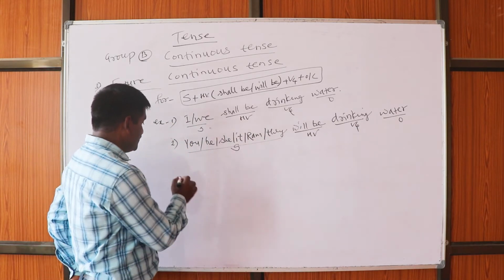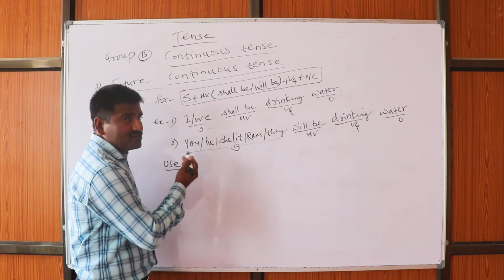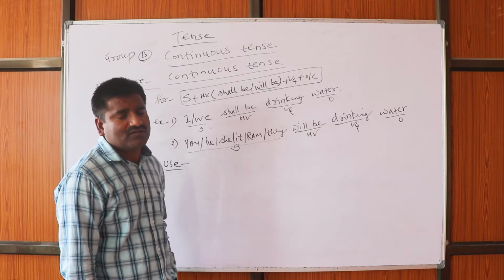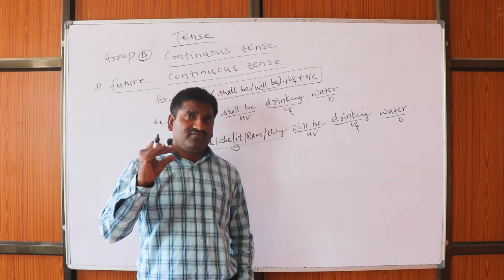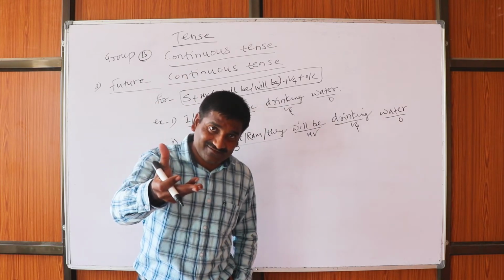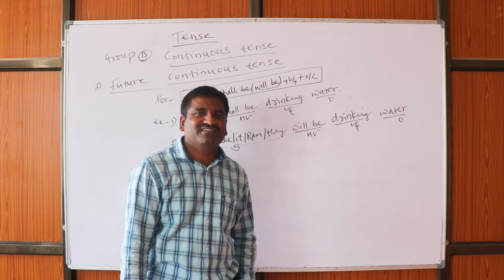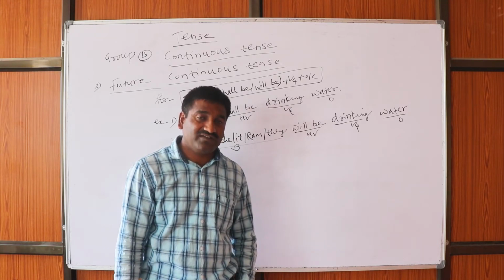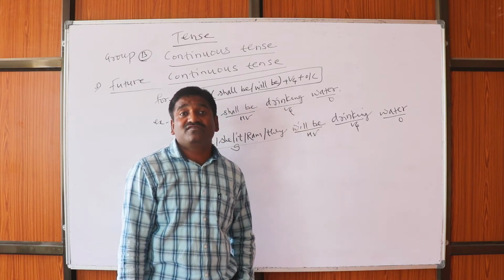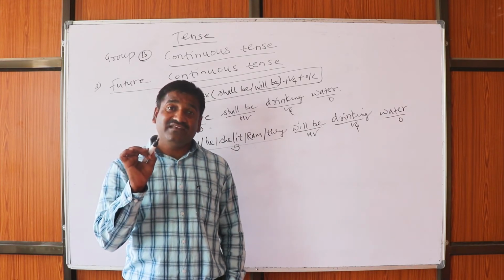Okay. Now go for use of the future continuous. So what is the use of future continuous? In future, when a particular action will continue for temporary time in future, to describe that action, we use future continuous tense. For example, I shall be singing a poem in a function.